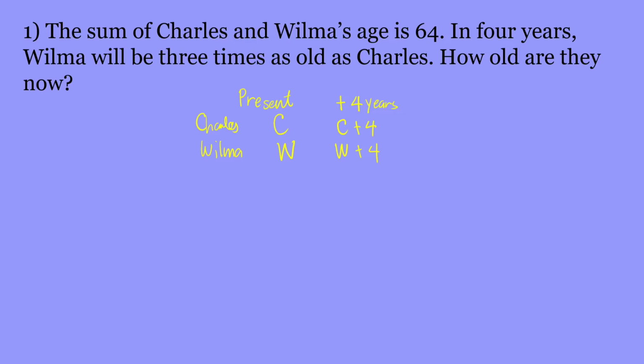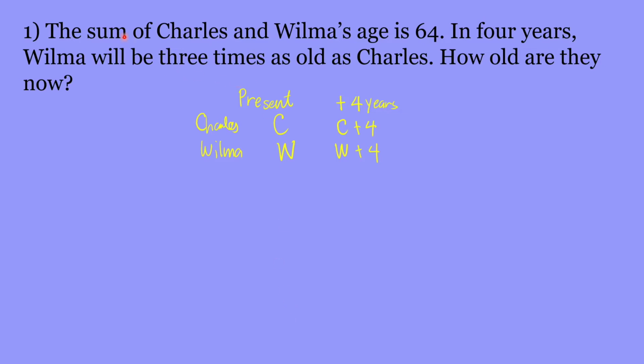Now, from these representations, we can write what is being said. So, there you have the second sentence. In 4 years, Wilma will be 3 times as old as Charles.